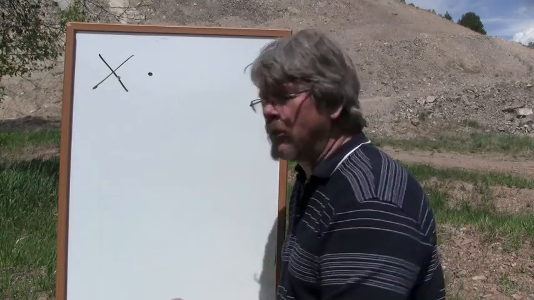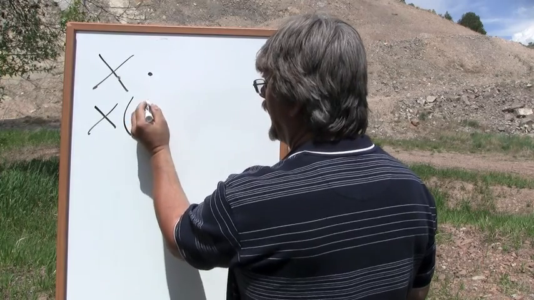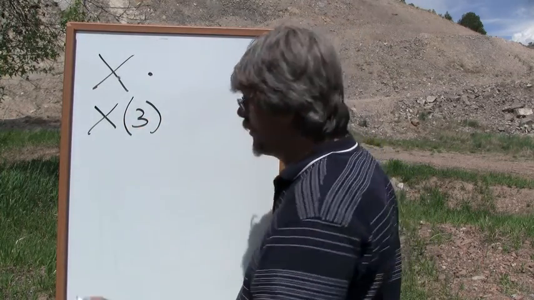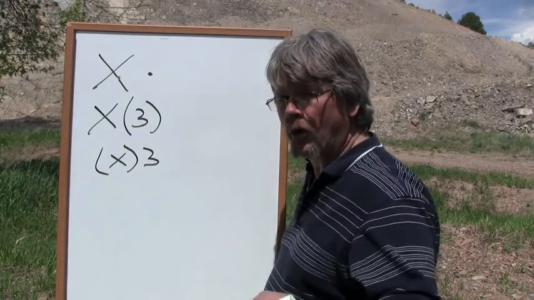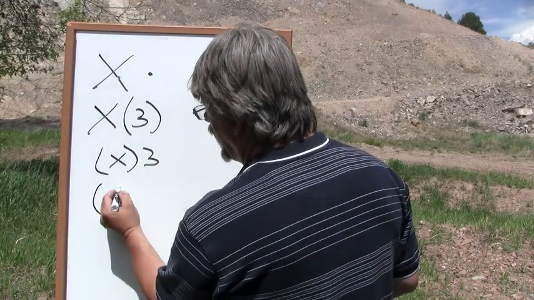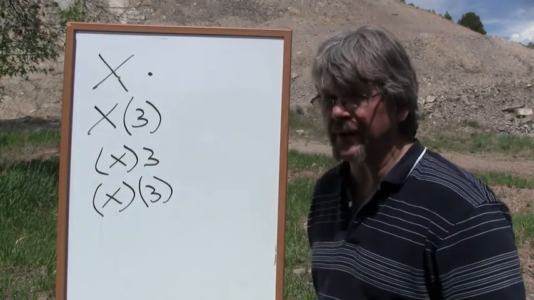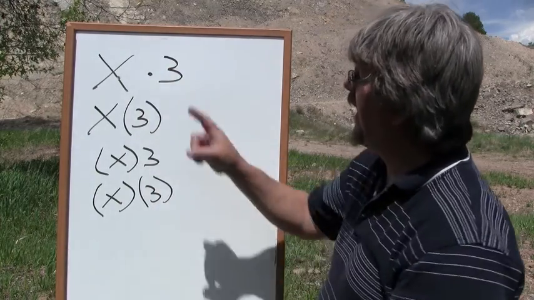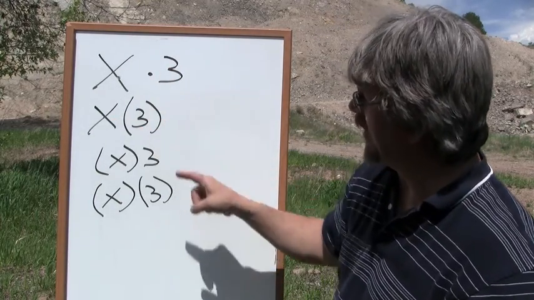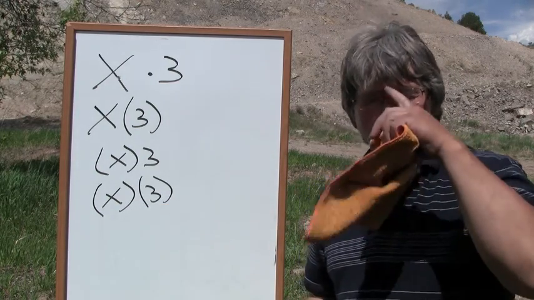Another way you can show multiplication in algebra is with parentheses, either around the number or around the variable or around both of them. The parentheses are your friends. They clarify things. All of these expressions say x times 3. You'll see them written differently.